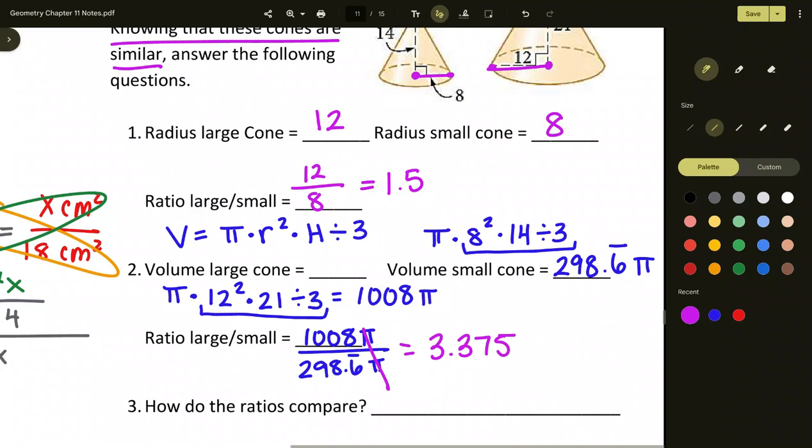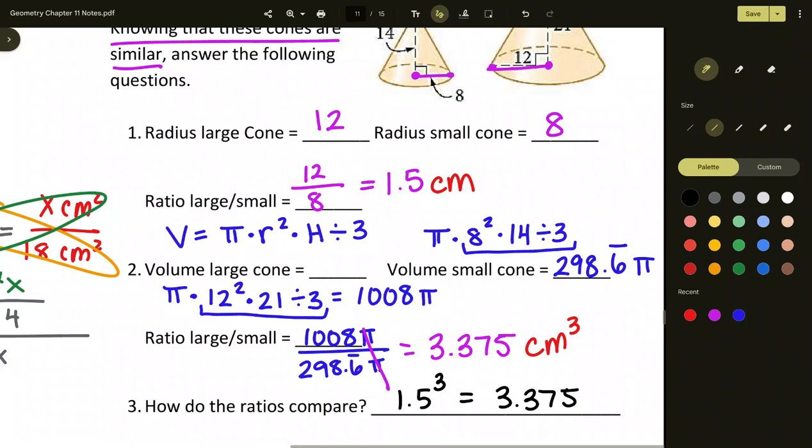But if I think back to how we did the area comparison, let's say that this was in centimeters for the radius, this would be centimeters cubed for the volume. So when I look at those units, I can see that the centimeters is not the same as centimeters cubed. So I need to force it to be the same. So if I take those 1.5 centimeters and I cube it, it comes out to 3.375 centimeters cubed.